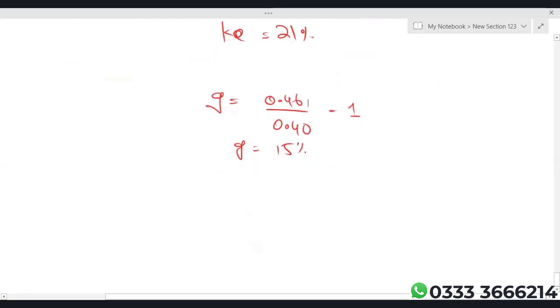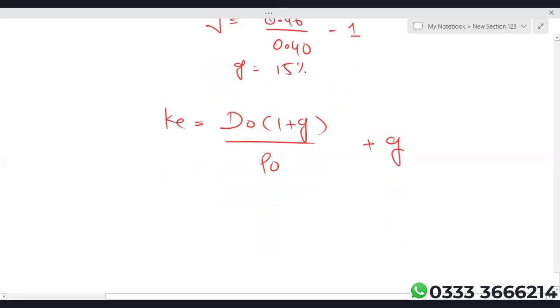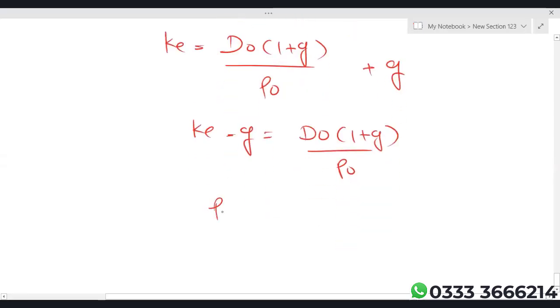Okay, now let's come here. K is equal to D naught into 1 plus G, upon P naught plus G. It means it can be written like this. We can also write it like this.